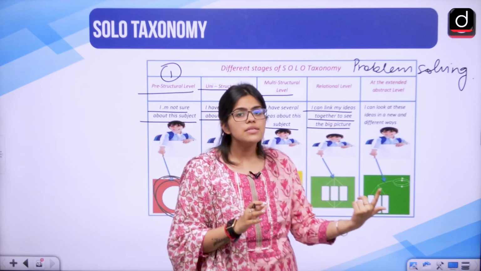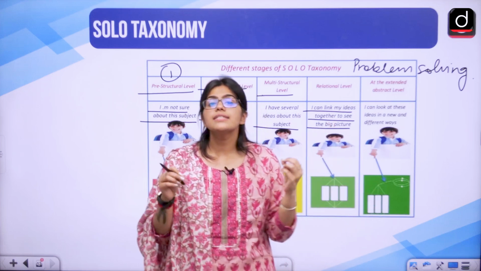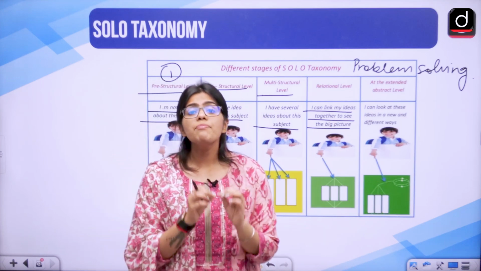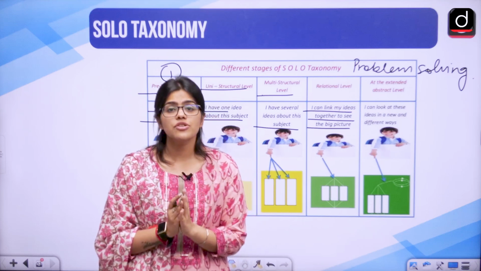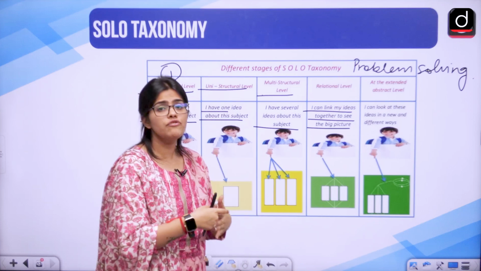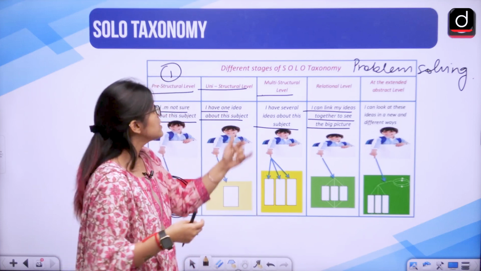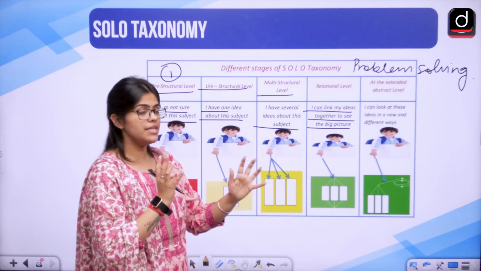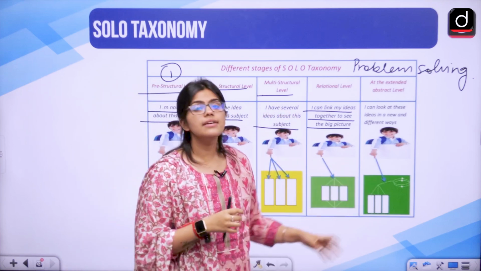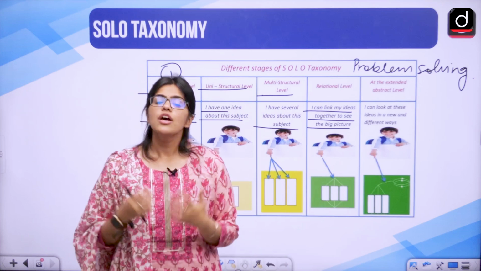It's not that one is important and the other is not. In the same way, all of these levels are important. You cannot skip any of this hierarchical structure. First of all, you have limited knowledge, then you have a lot of knowledge about different aspects. Then you have multi-structure. Then you start creating relations, and at the end, you have the abstract knowledge.